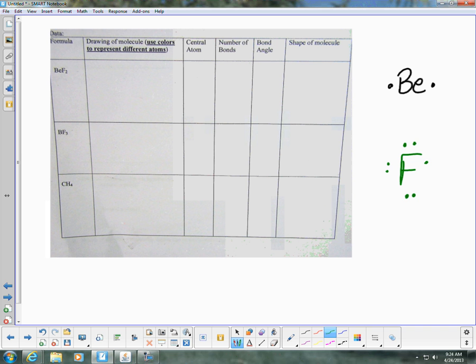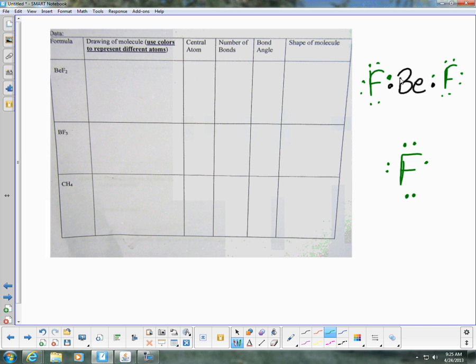That's 7, right? It needs one more. Remember, all elements are trying to get how many in their outer shell? 8, an outer octet. So it wants one more. So I'm going to have a fluorine come right here and a fluorine come right here, right? Now beryllium still won't get to 8, but all it has is 2, so it can only open up 2 orbits. So it's got as many as it possibly can.